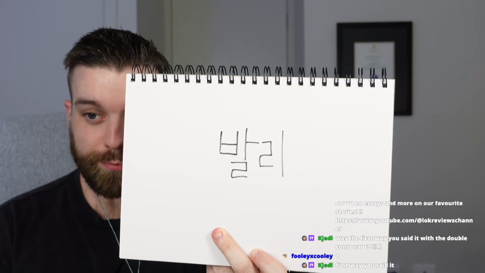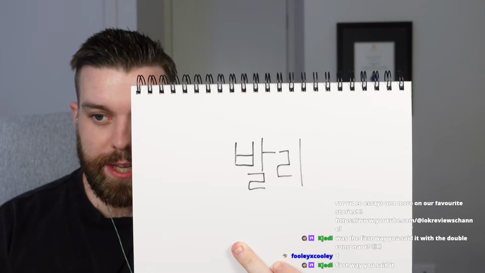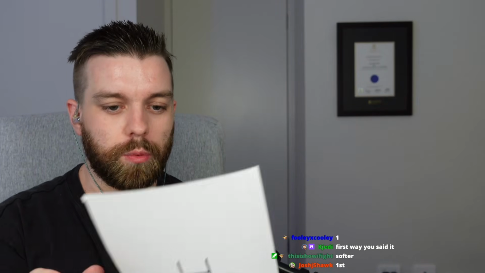First way. Cool. So you're being able to kind of see how this is all working, right? Indeed, the double consonant, we'll get to that. I just want to differentiate because originally it's a soft B. It's not a B. It's P.